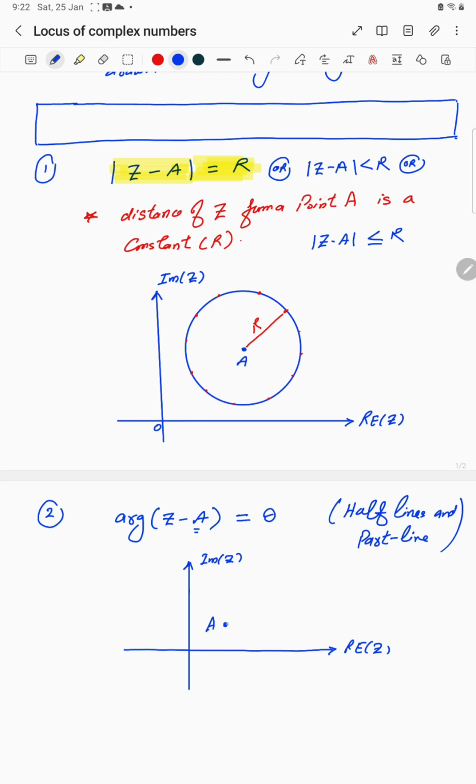And from point A, we read it as the argument of z minus A is theta. The angle can be in degrees or in radians. So from point A to a certain z, the other arm will be a line parallel to the real axis, and that forms the angle theta.